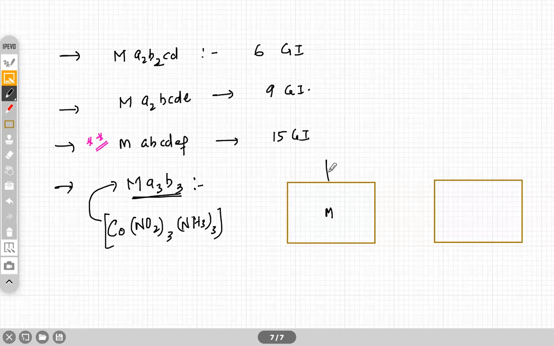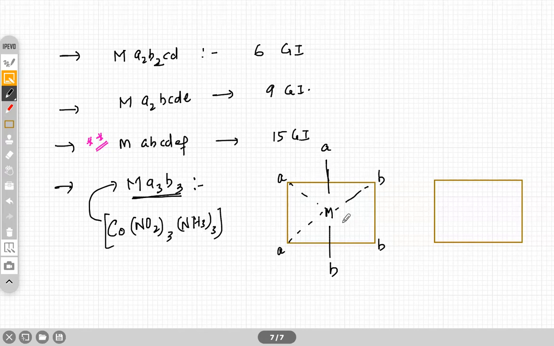One on the top, on the bottom we'll have B, 1 and then 2 and then 3. This is one way. Another way is what? We'll have metal here. A will be placed over here. B here. A again here.